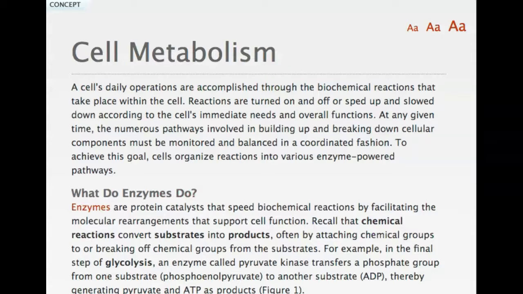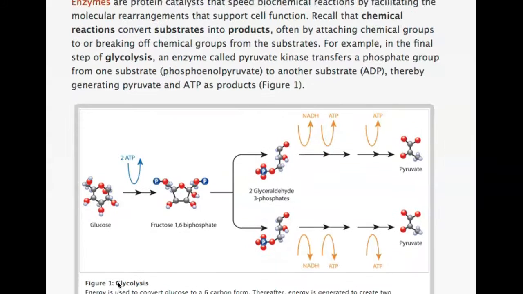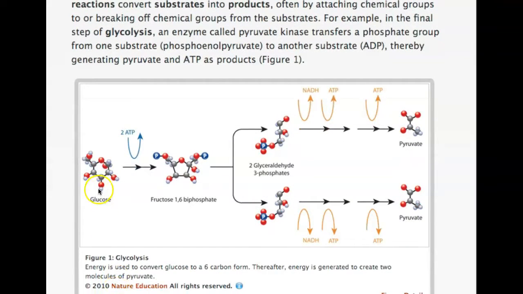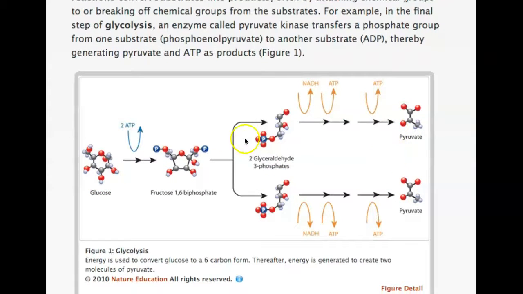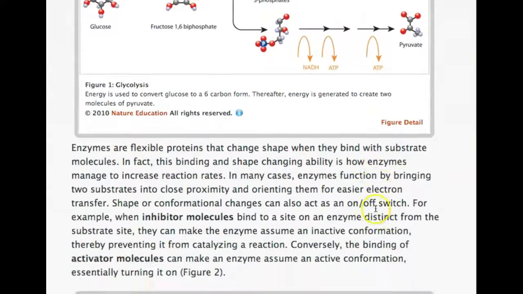Again, I'm going to zoom in here to just this idea of cell metabolism. So enzymes are super important, and this shows you a simple picture. You have these molecules and you need to change them into different molecules in the body, and it turns out that little enzymes are helping each of those steps of the chemical reaction.